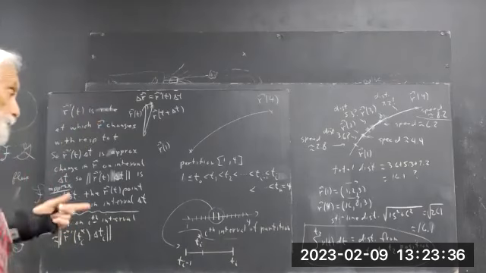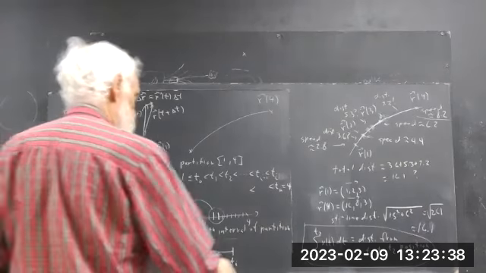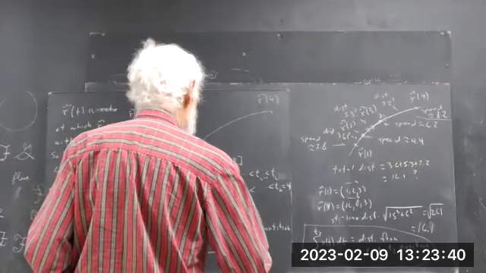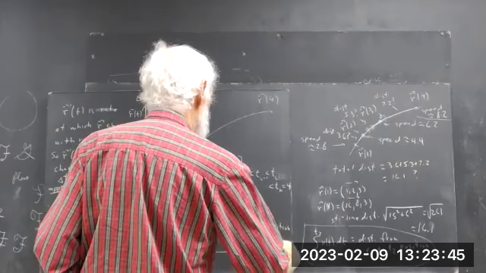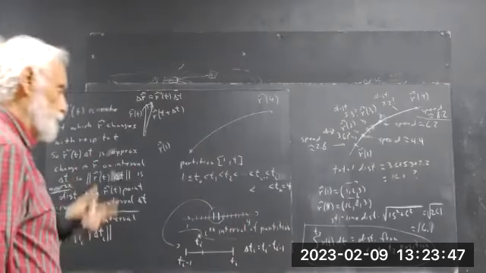And delta Ti, what's delta Ti? It's Ti minus Ti minus 1.